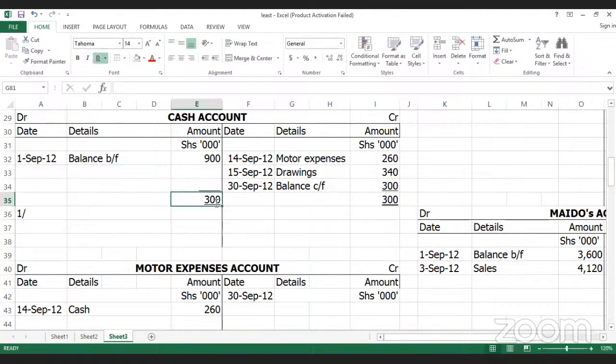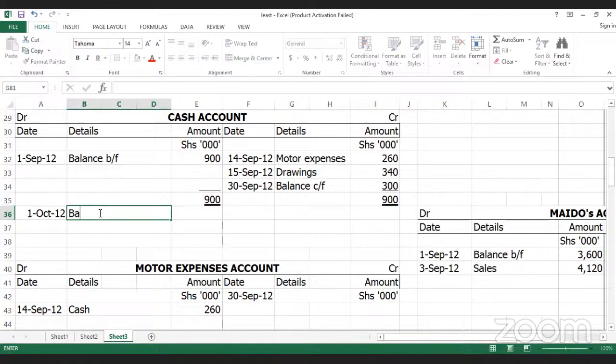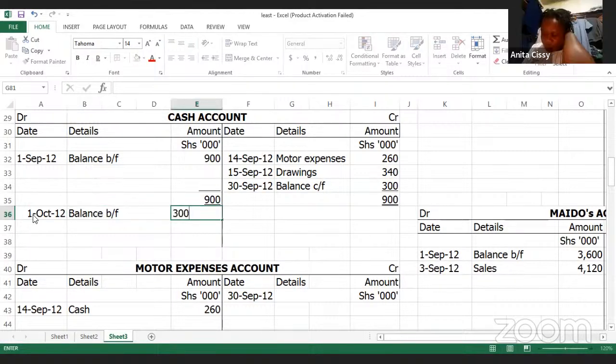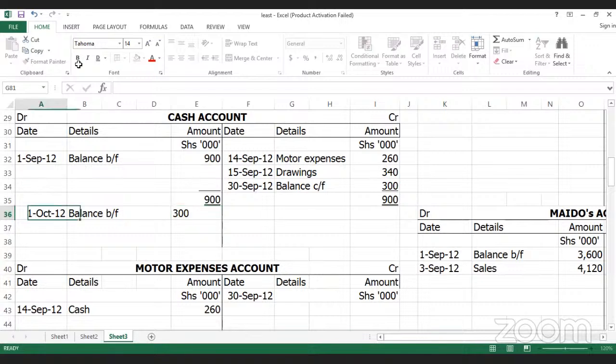So 900. So 1st October 2012, now at the start of the next month, we say balance brought forward, which is 300.